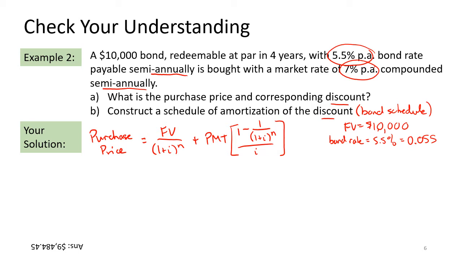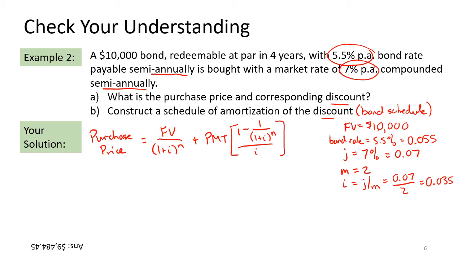Our market rate, or nominal rate of interest J, is 7%, which converting to a decimal is 0.07. For both the bond and the market rate, they're semi-annual, so our value for M is 2. So our periodic rate of interest, I, is J divided by M, or 0.07 divided by 2, which gives us 0.035.